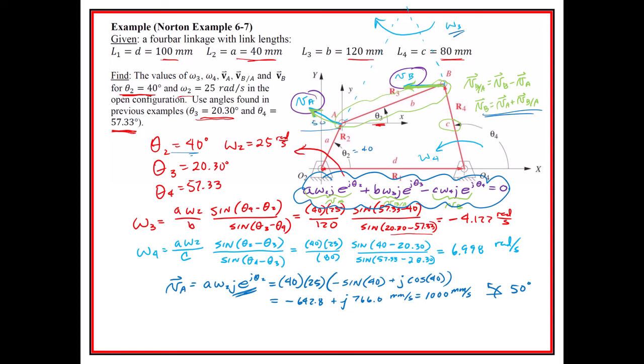Because this right here would be equal to 40. I think that's correct. Yeah. And then we have VB is going to be equal to C. Let me change colors here because I can.